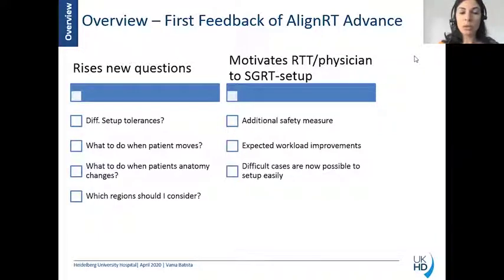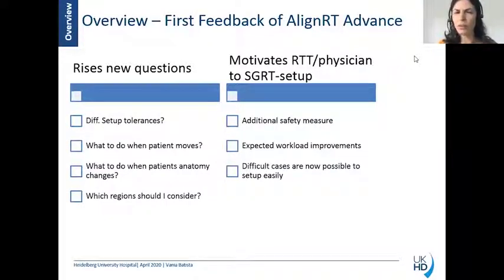What should I do if the patient moves during the treatment? That is a question that before, when we were not using surface guided, we never looked at, because you do a treatment and you believe that the patient is in the same position after three to four minutes, and you irradiate the patient considering that he's in the same position as five minutes before. So what should we do now if the patient moves?